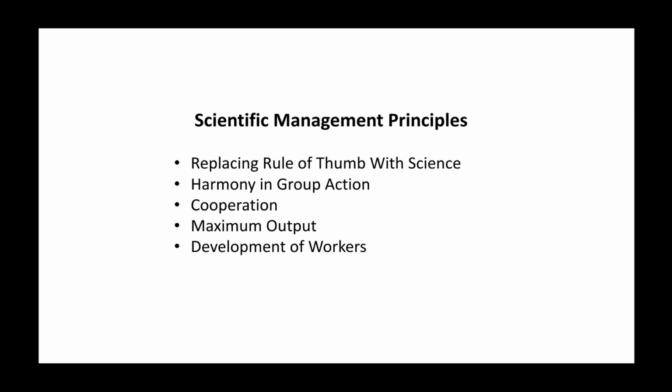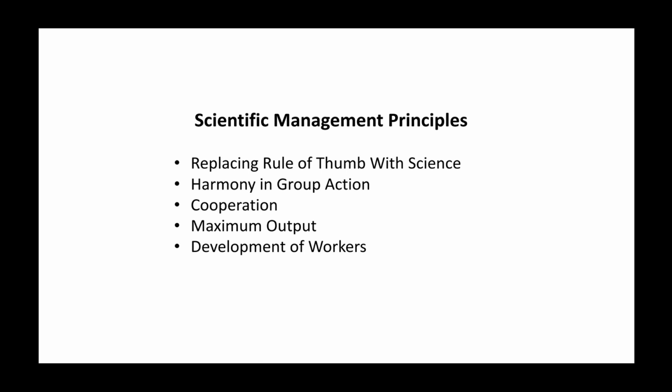Cooperation between management and workers can be developed through mutual understanding, and also a change in thinking. This is very important. The thinking should be changed. We as a team have to work for the success of the organization. The group effort is essential. So this change in thinking is very much required, and cooperation plays a very important role.